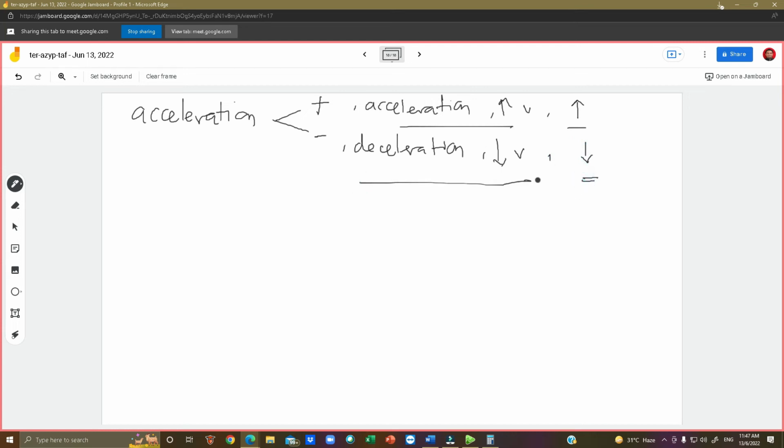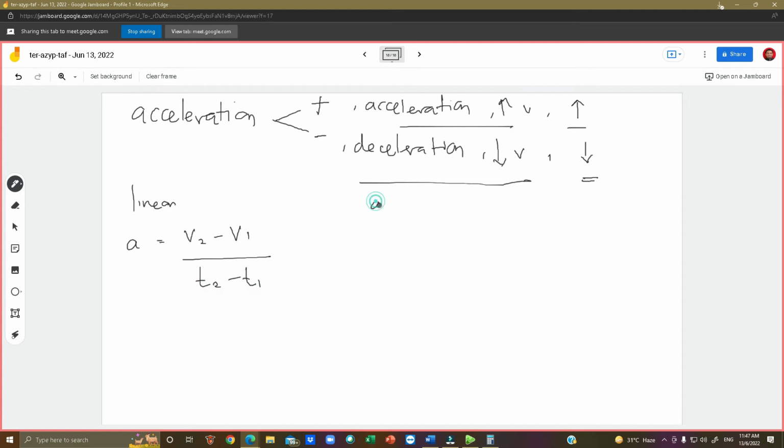Ini adalah vector acceleration. So acceleration can be described, okay, in terms of linear. Dia adalah A. Okay, acceleration saja A equals to velocity final minus velocity initial over time final minus time initial.